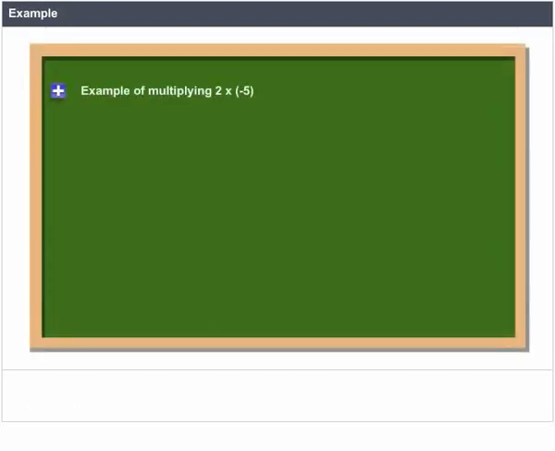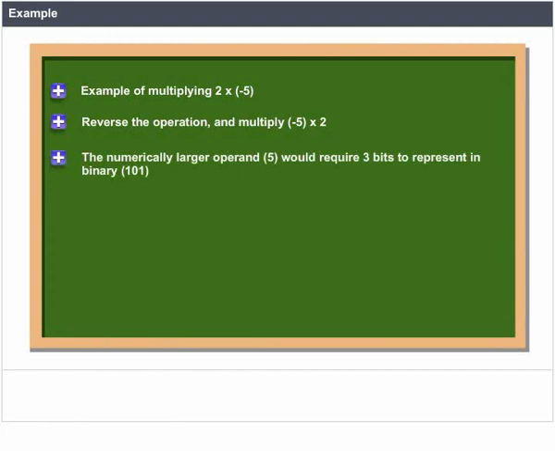Example of multiplying 2 into -5. Reverse the operation and multiply -5 into 2. The numerically larger operand 5 would require 3 bits to represent in binary, 101. So use at least 4 bits to represent the operands to allow for the sign bit.